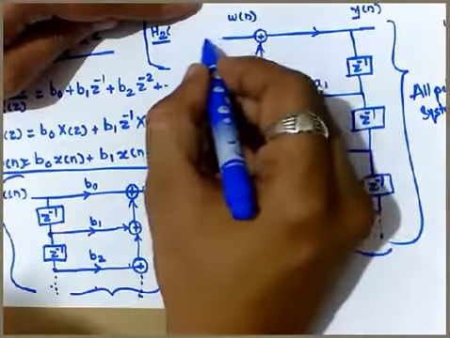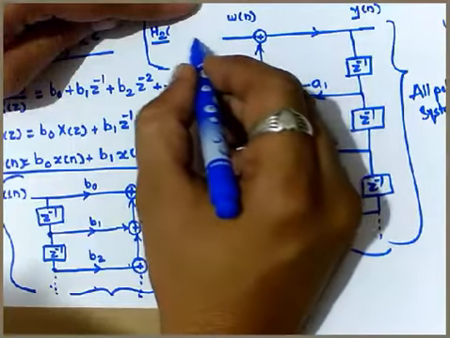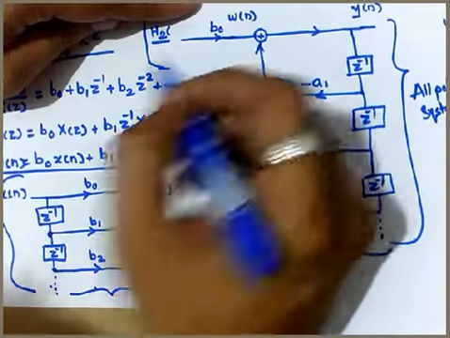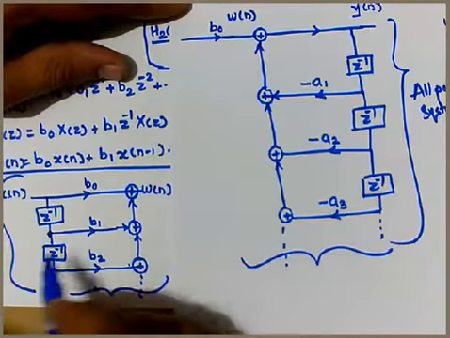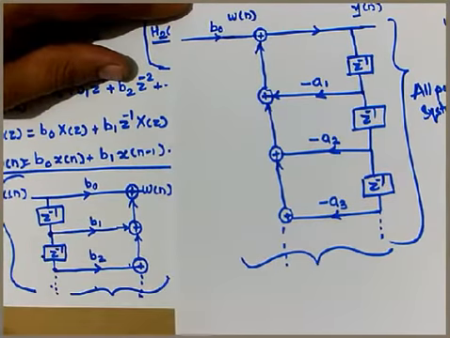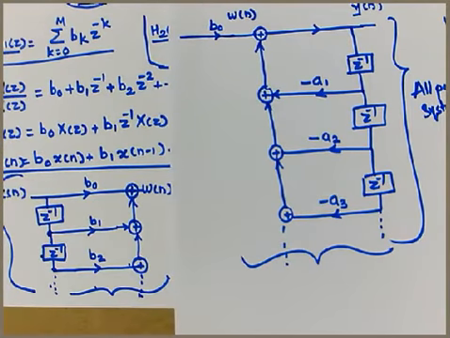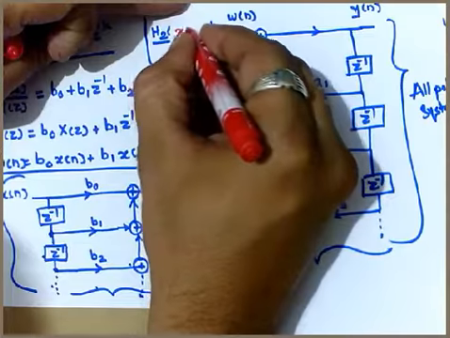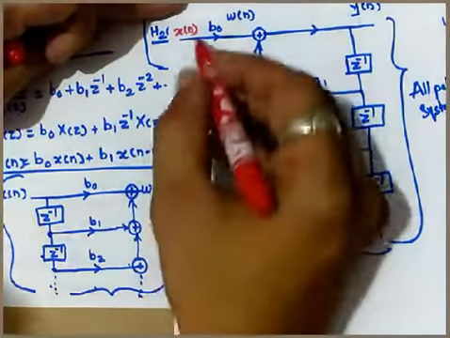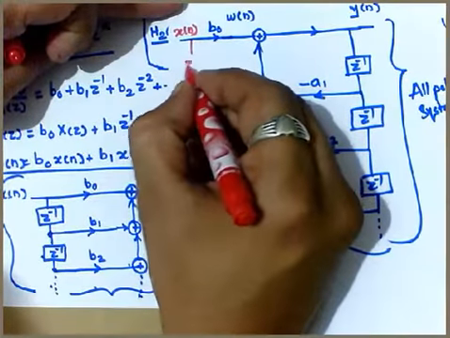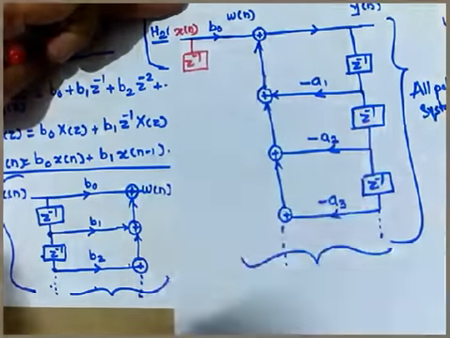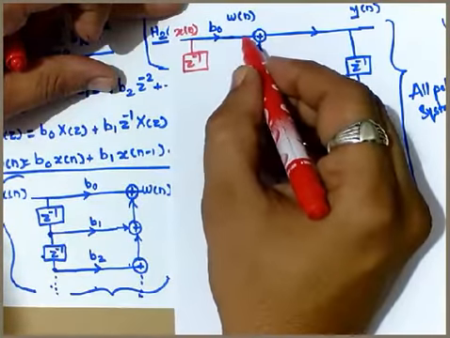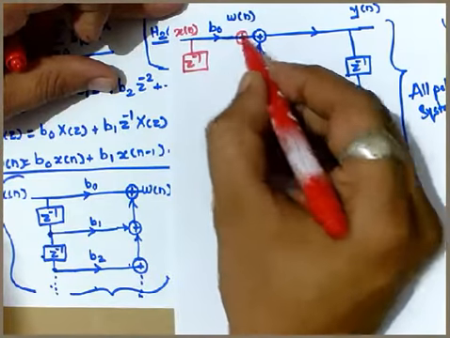So let me just extend it over here. This is nothing but B0, I will combine it by looking at this particular figure. Let me add it with a different color. So this is B0, this is X of n. Now this part is again Z inverse. Here it is W of n. So this is nothing but an adder.